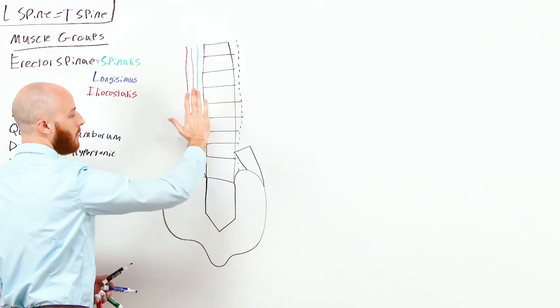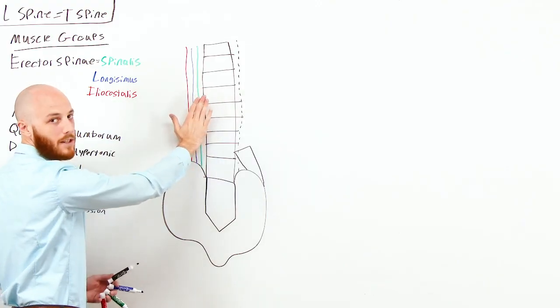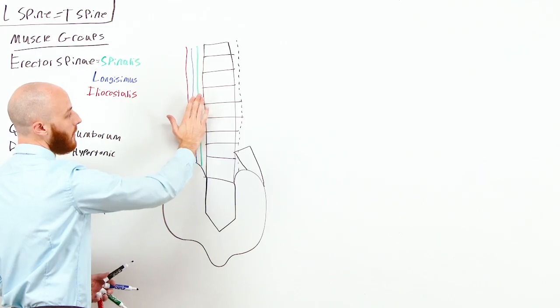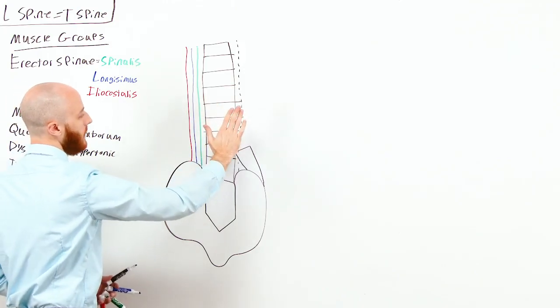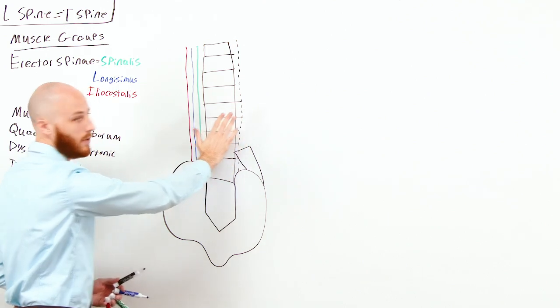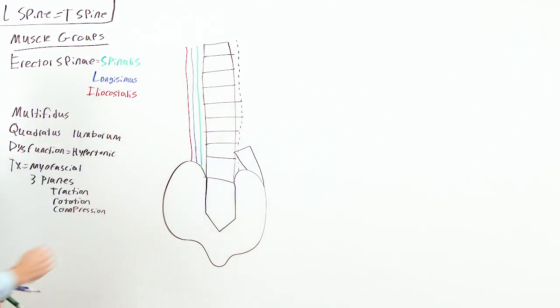And then you can add compression to the muscle to really engage the tissue. If it's a superficial muscle, you don't have to use as much compression. If you're talking about a deep muscle like multifidus, you may need to add more compression to engage the tissues.